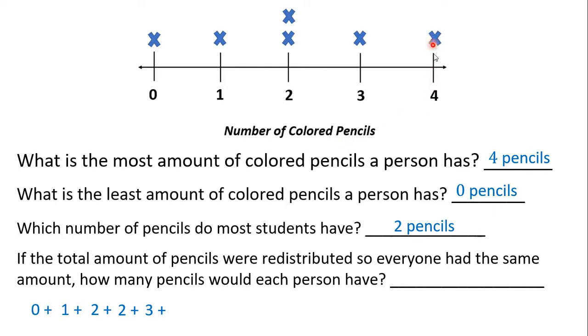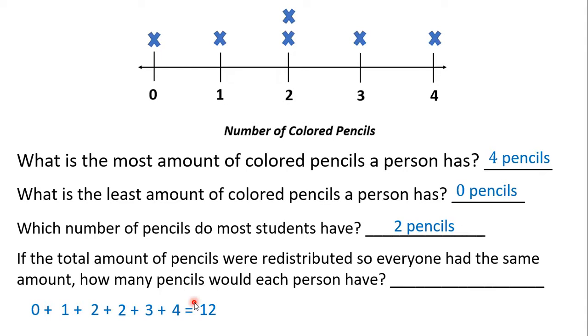And then finally, one student had 4 pencils, so we're going to add 4 here. And we're trying to figure out the total number of pencils that all the students have together. So when we add 0 plus 1 plus 2 plus 2 plus 3 plus 4, we get 12. So there are 12 colored pencils total between all the students.